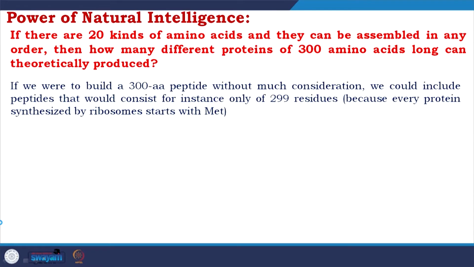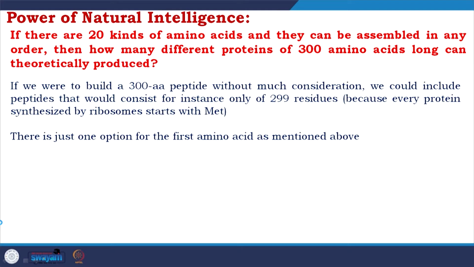So, if we were to build a 300 amino acid peptide without much consideration, we would include peptides that would consist, for instance, only of 299 residues, because every protein synthesized by ribosome starts with methionine. There is just one option for the first amino acid, as I told.